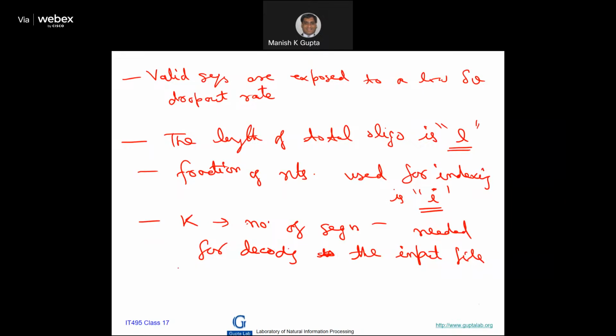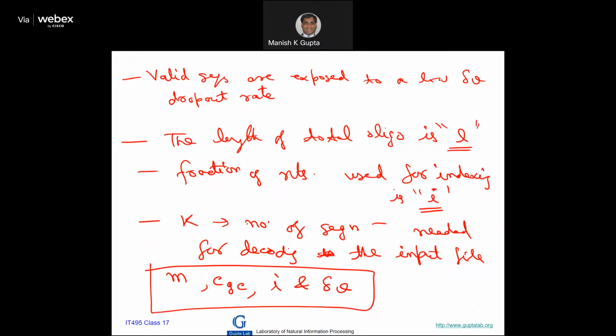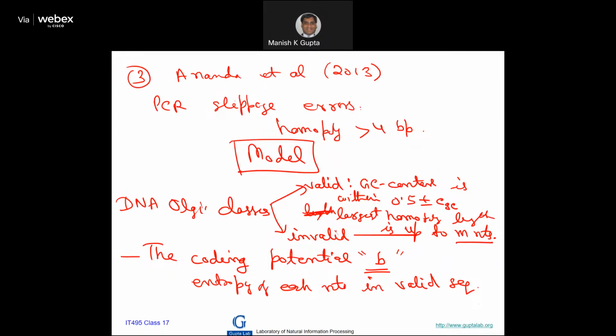So basically, there are parameters like M, CGC, I, and delta V. These four parameters. What is M? Anyone from the audience? What is M? You can see that it is the largest homopolymer length, up to M nucleotides. So the size of the homopolymer that is allowed is M nucleotides in a DNA strand, right? M is that parameter.